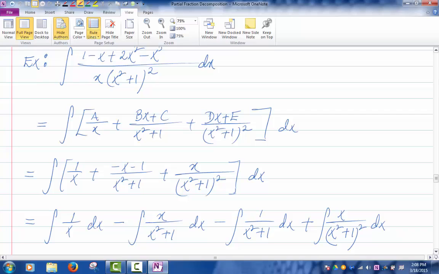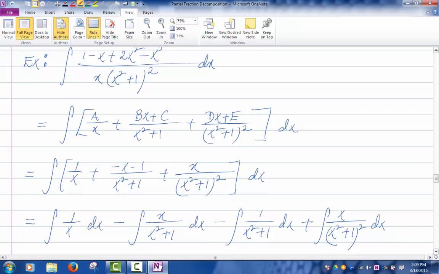This integrand is the derivative of what? Inverse tangent. So this is inverse tangent. And the last one, you're going to do u substitution again, but this time you're going to get 1 over u squared. And what's the integral of 1 over u squared?